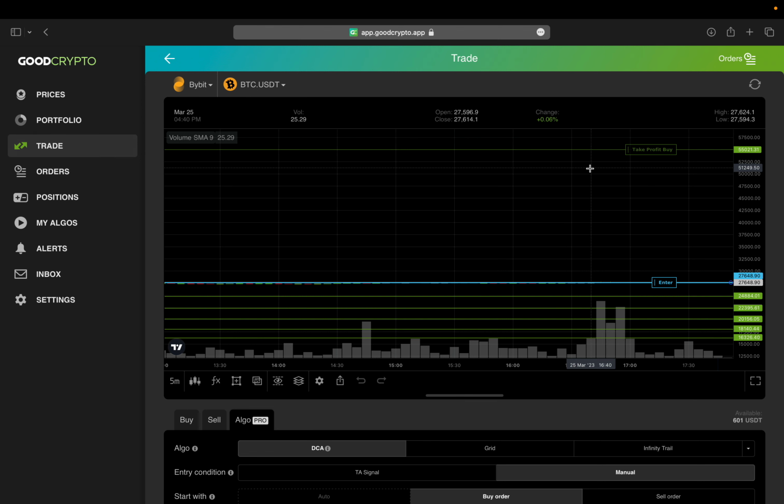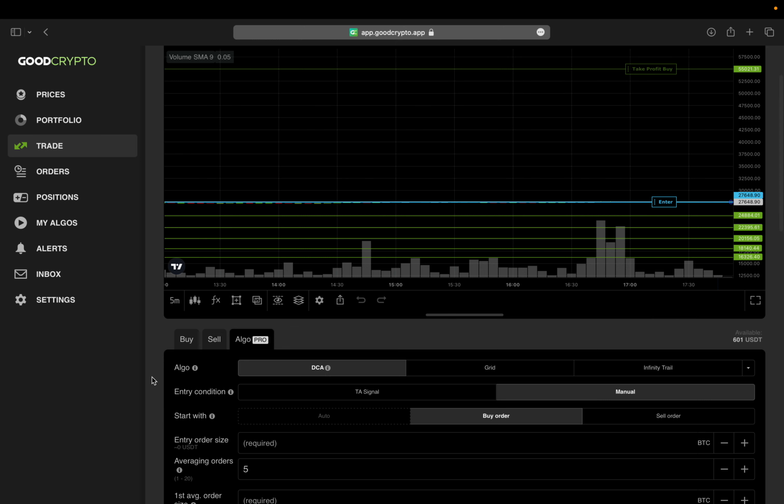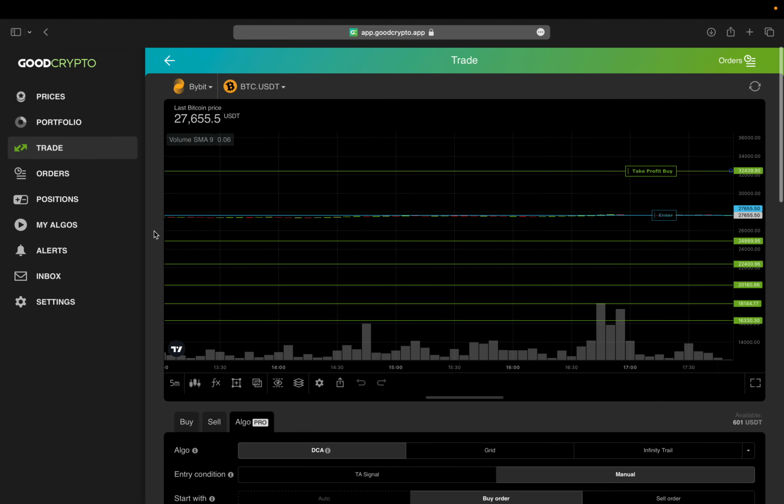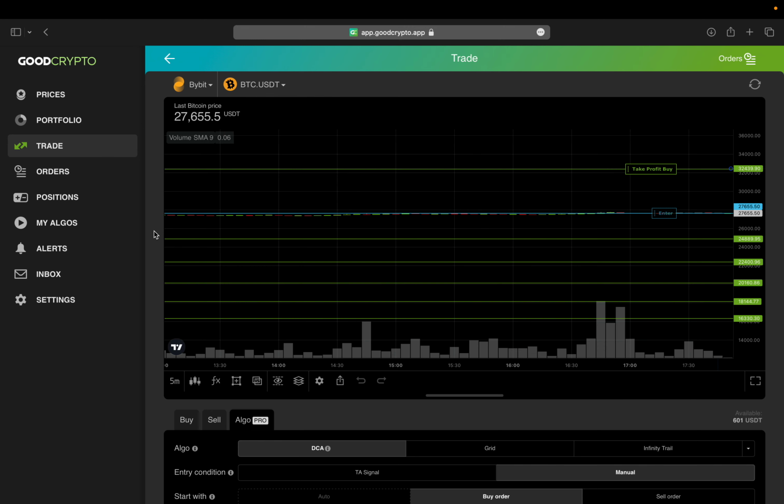Let me recap them. Manual mode gives you an ability to either buy or sell an asset efficiently when you believe expected price to go up or down respectively, but with the safety of placing additional average orders to protect yourself in case price initially goes against you, but if it eventually moves in your direction, you will make more money with DCA.